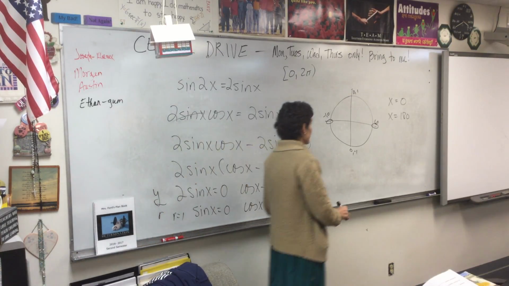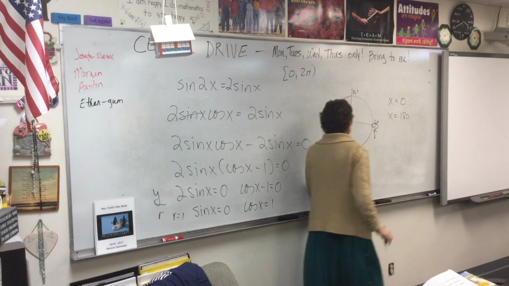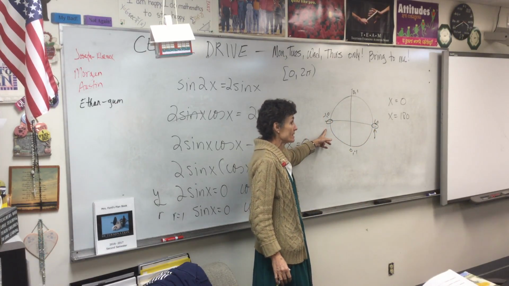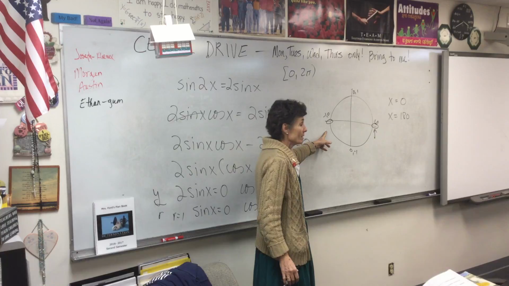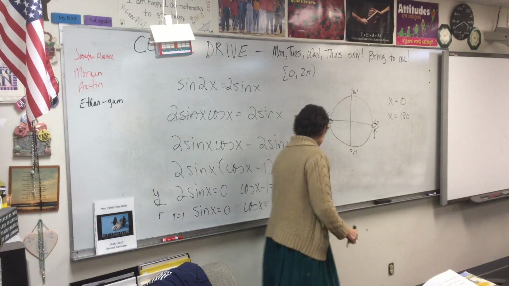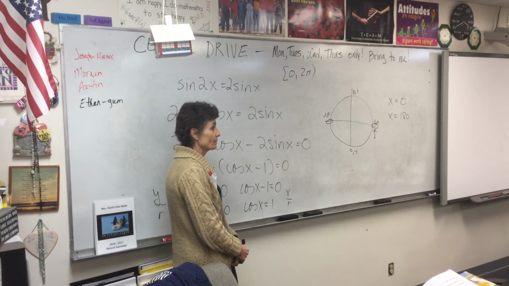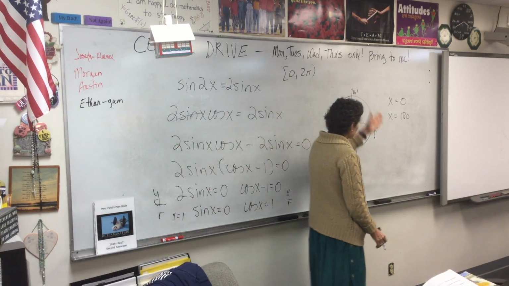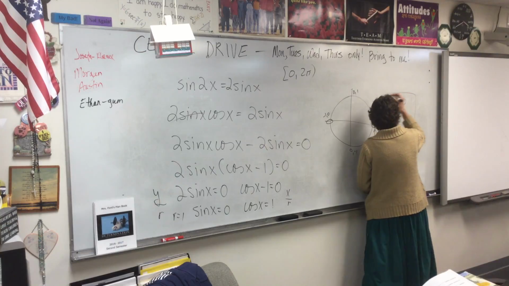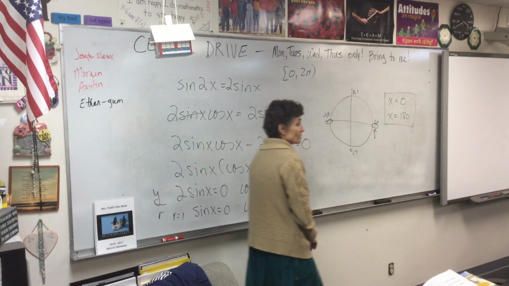In the same spot. The cosine equals 1 right here. Not over here. Over here the cosine equals -1. But this is the only place where x over r is 1. So, since I've already listed that answer, I won't list it again, and these are the two answers to the question.